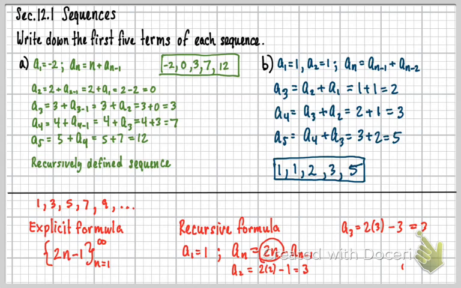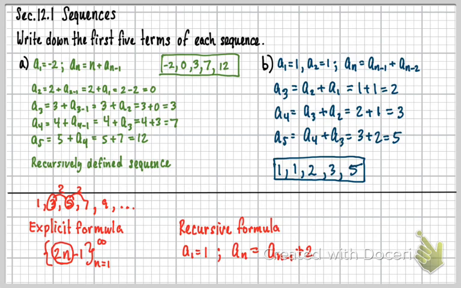So let's try this. What if I just took an minus 1 and added 2 to it? Because think about what's really happening here. I'm really taking the previous one and adding 2 to it. And if I take this previous one and add 2 to that, that's going to get me the next one. So now we're not thinking of this full idea here when we're doing the explicit formula, because that's going to be that 2n. We want to plug it in and get an answer.